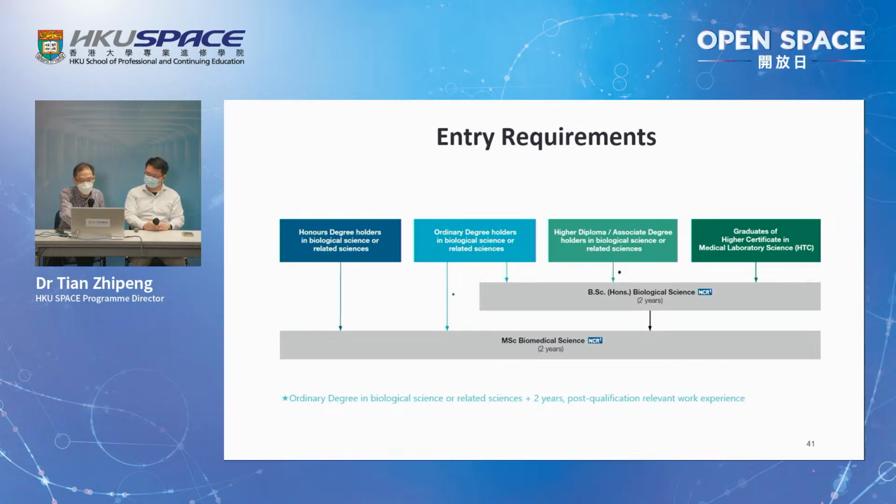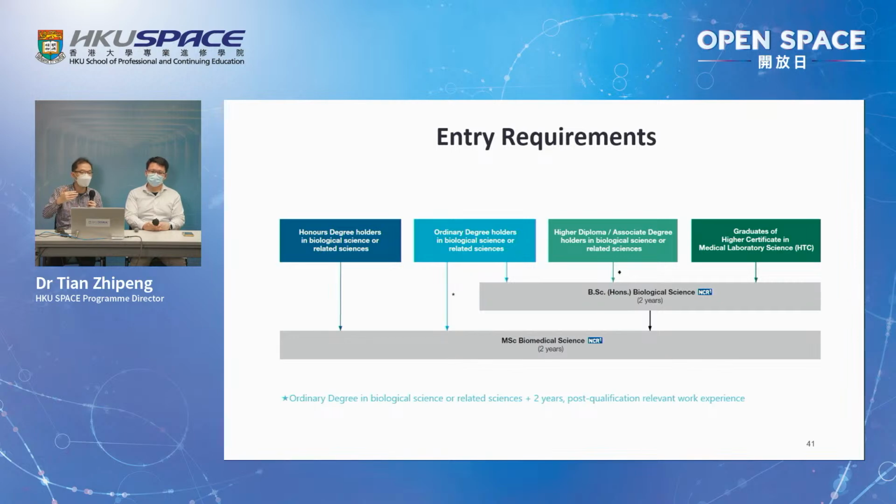And then for other students, if you just have a higher diploma or associate degree, or only a higher certificate but without other degrees, then we would highly recommend you to study a BSc first, and then come to our master's. Actually, according to past years' experience, the majority of students would like to do this BSc because that's a part-time program.